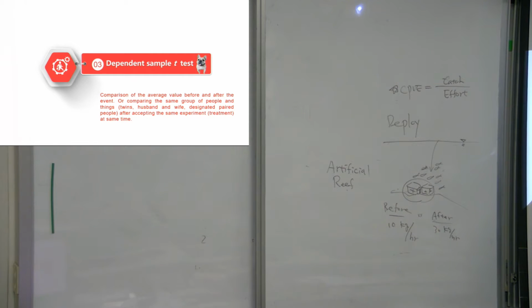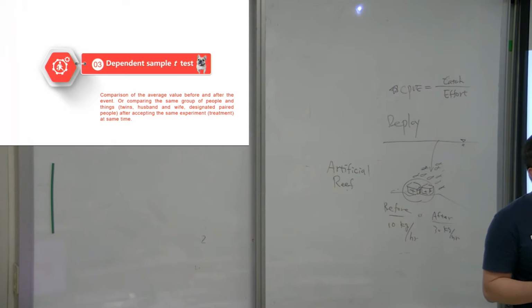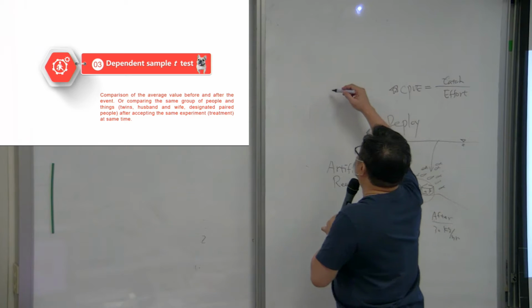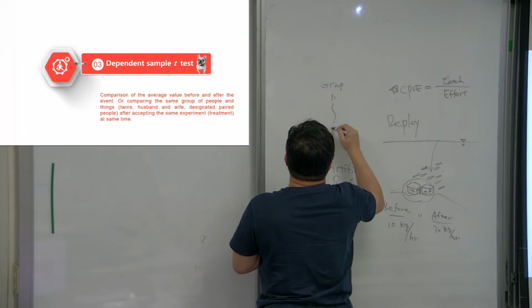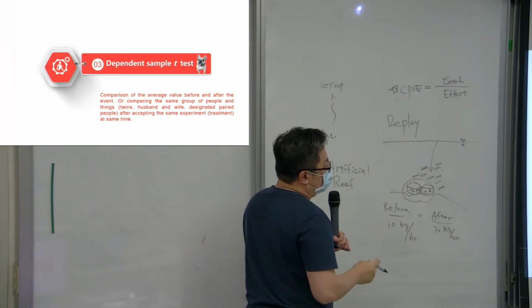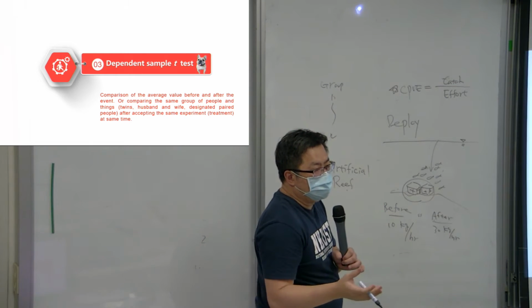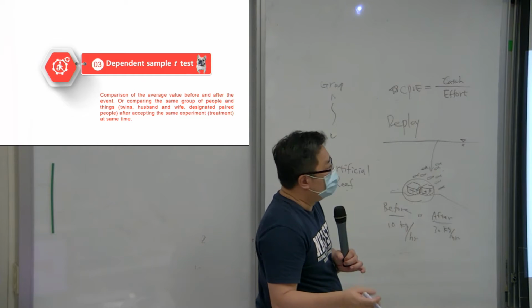The other condition is if you want to compare the same group of people. For example, some patients in the hospital. One group of patients take some medicine, some drug.